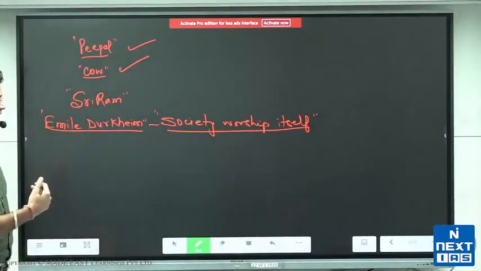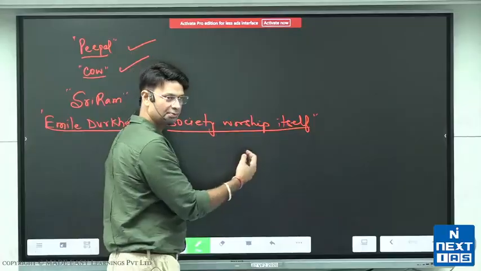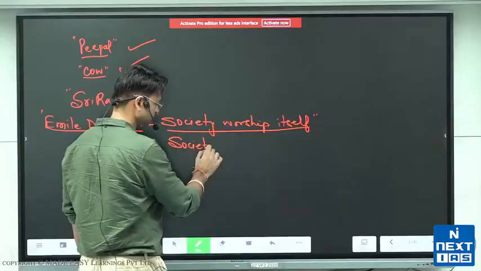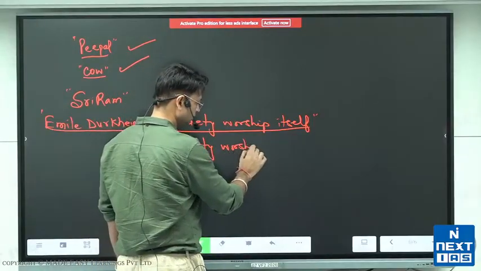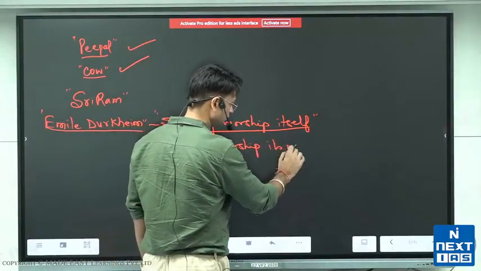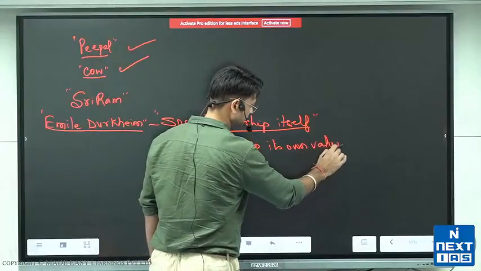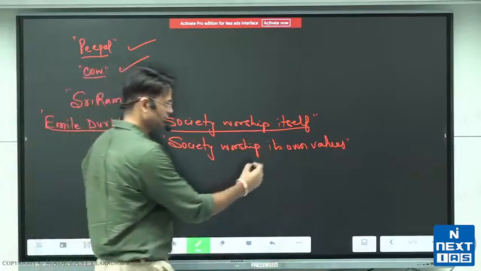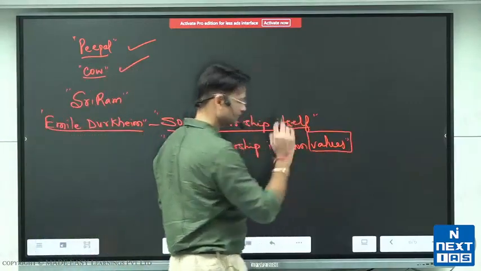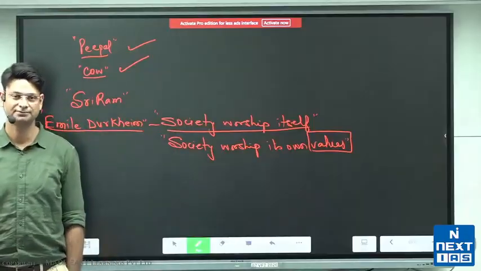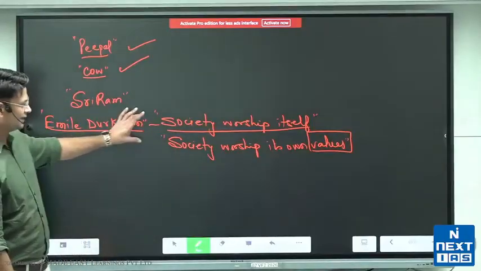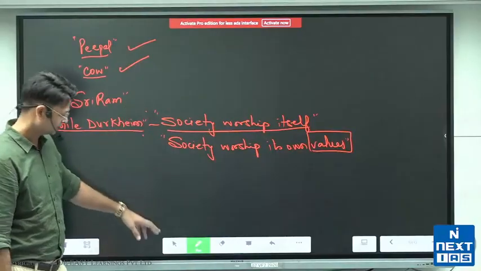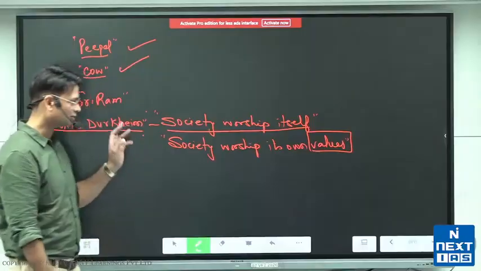To elaborate it further, what he says, society worships its own values. Right? So values का importance कहाँ से आता है? Why are values important? Or do you really think this is true? Or do you want to contest it? We may contest it, but let's talk about what he's trying to say.